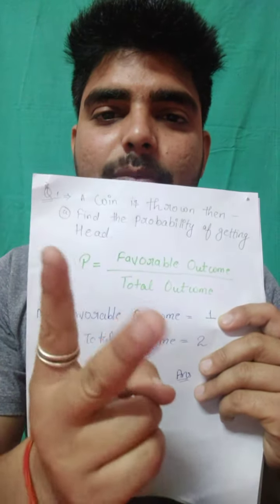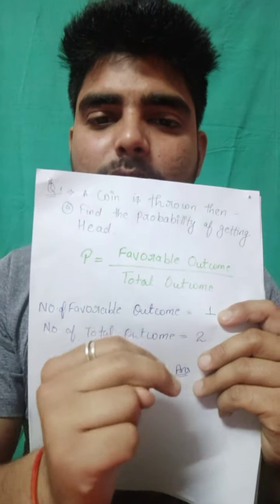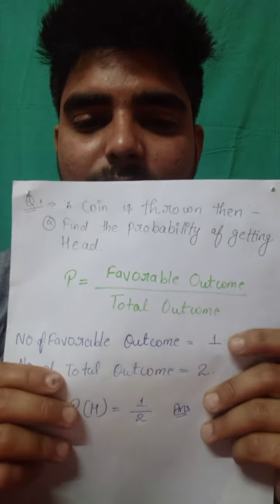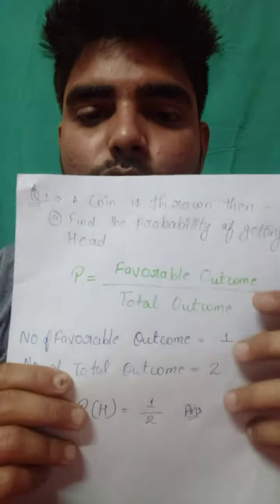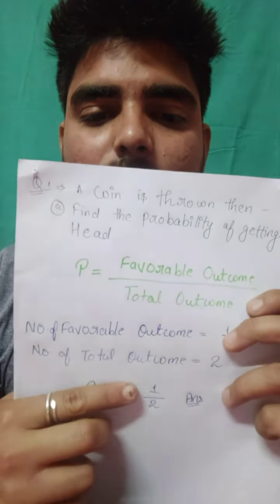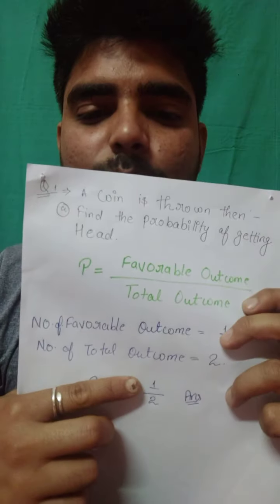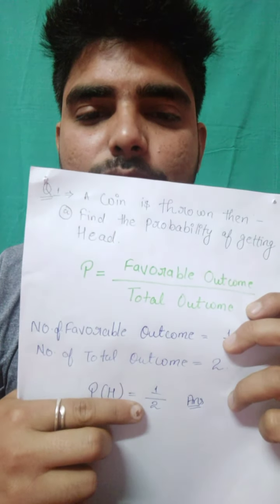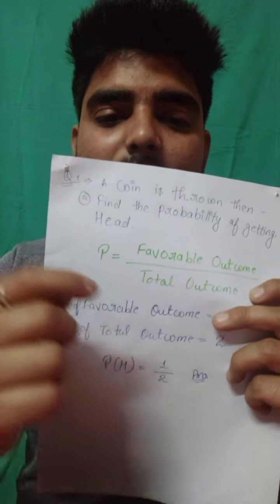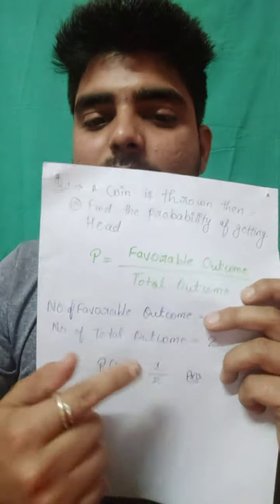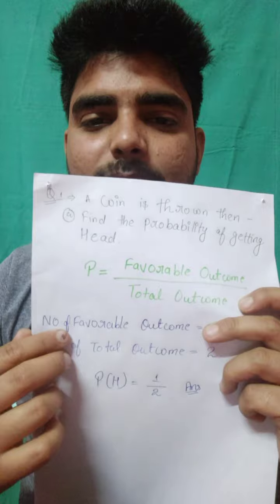Both the events will be counted in total outcome. So the probability will be 1, that is favorable outcome, upon 2, that is total outcome. So the probability of getting a head in tossing a coin is 1 upon 2.